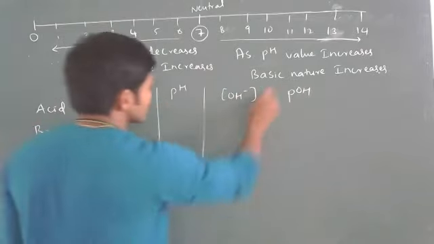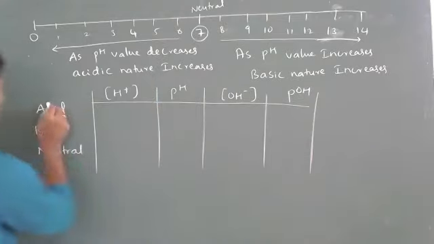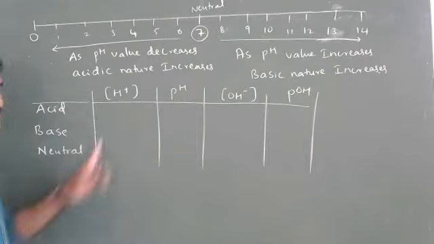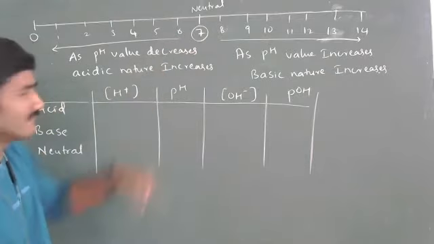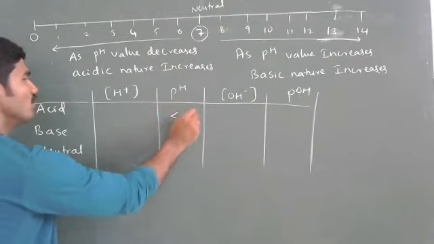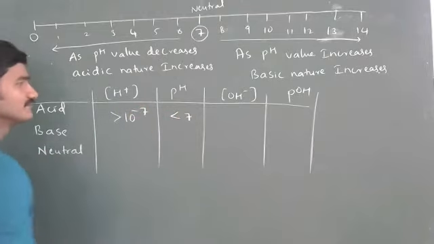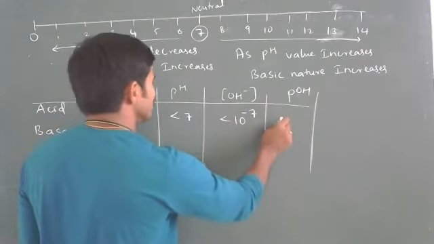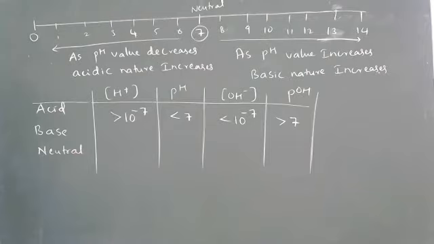If you see this, for acids, the pH value should always be less than 7. If the pH value is less than 7, the OH minus concentration is less than 10 power minus 7, and the pOH will be greater than 7.